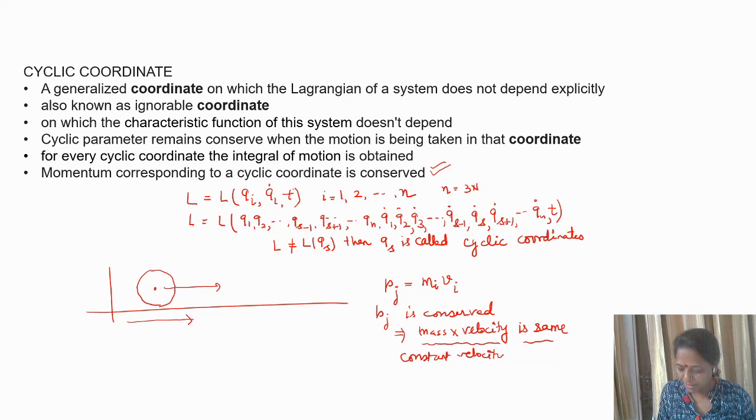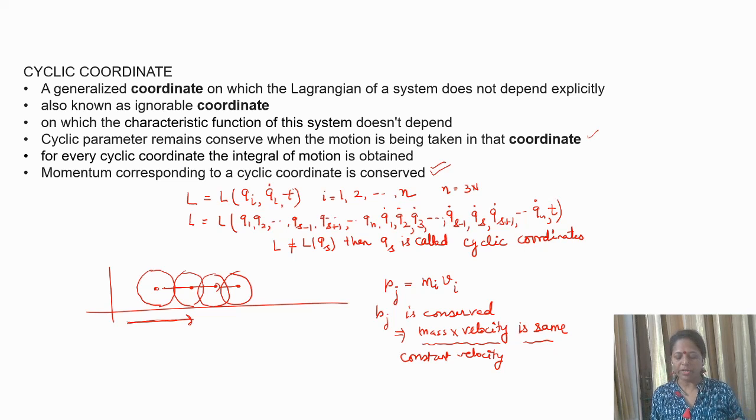And since the movement is in this direction, what will be its next position? It will be like this, this, this, and you will see that this point, taken as the origin point, is not affected by its motion. It is conserved. So the statement that a cyclic parameter remains conserved when the motion is taken in that coordinate is true.